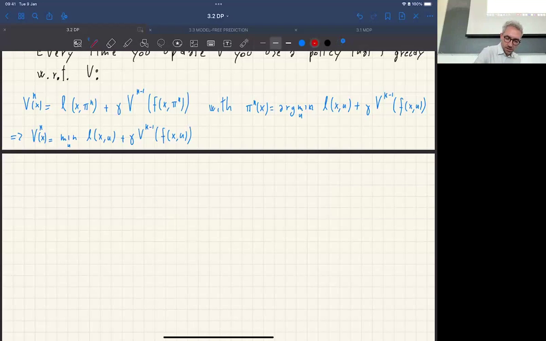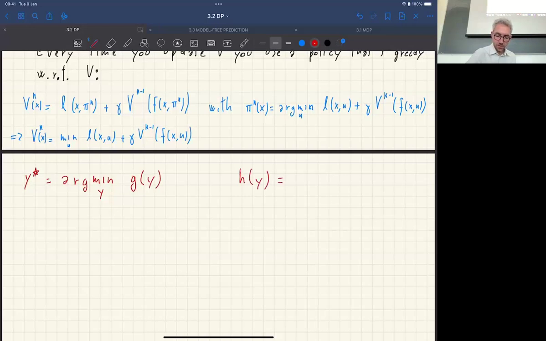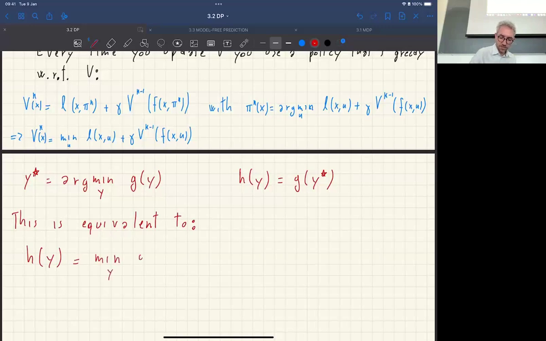If I'm saying y star equals argmin over y of g(y), and then I do h(y) equal g(y star), these two steps are equivalent to the following one-step process, which is h(y) equal min over y of g(y).